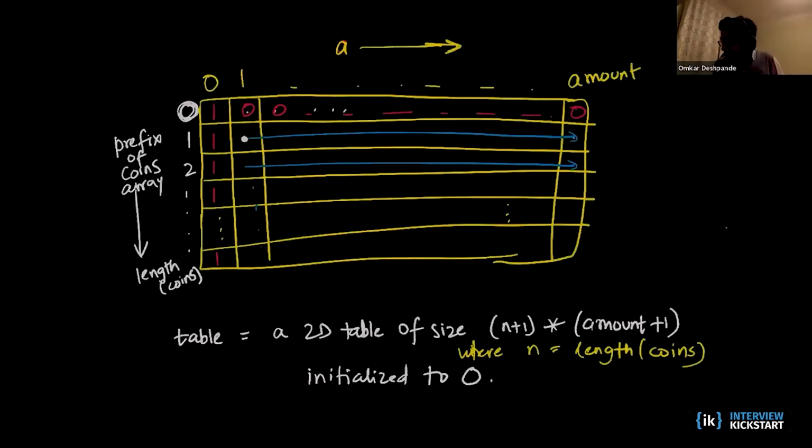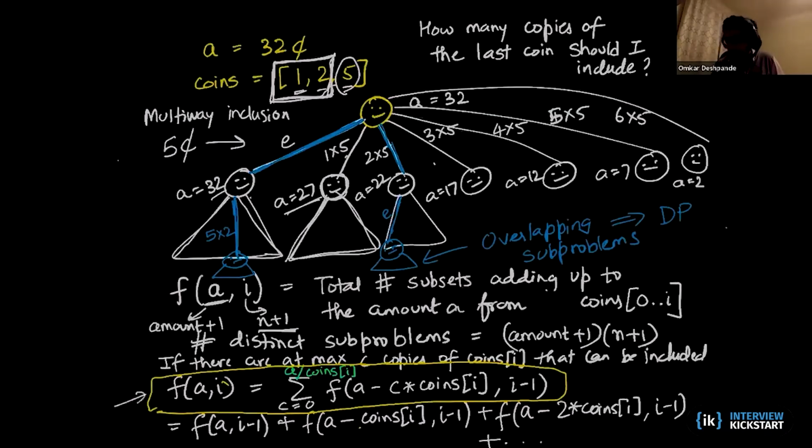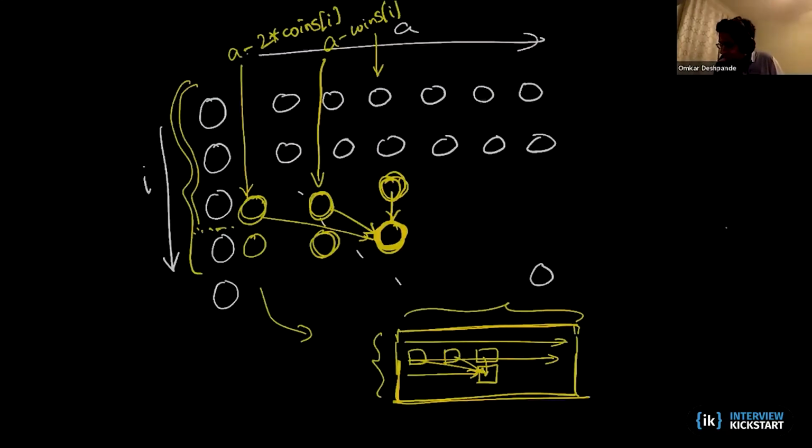And what we do to fill in each cell is essentially apply this recurrence. By the way, notice that the parameters here in the recurrence are switched. The I parameter is the second one, this one is the first. So you should read it as f of I comma a to be consistent with the table we've drawn.